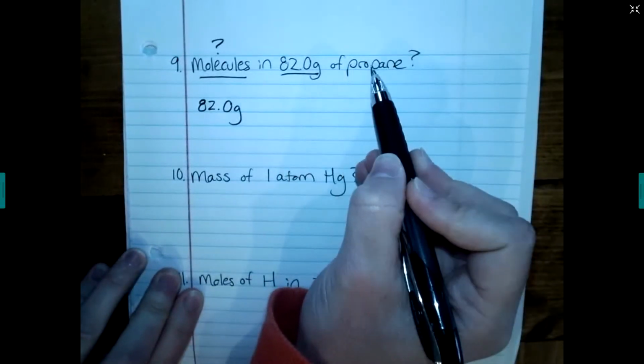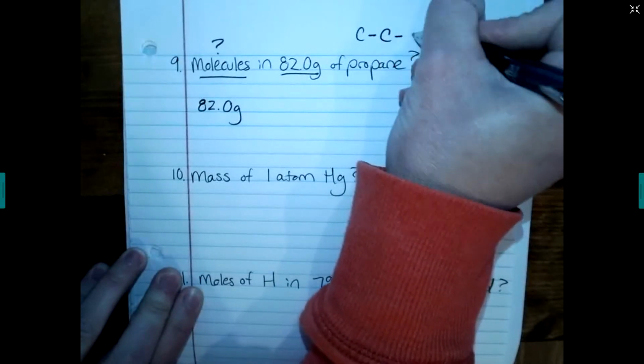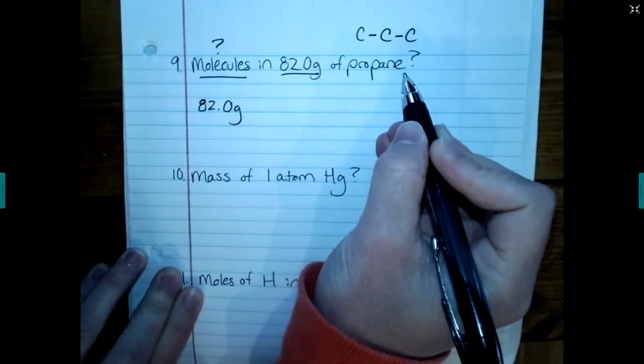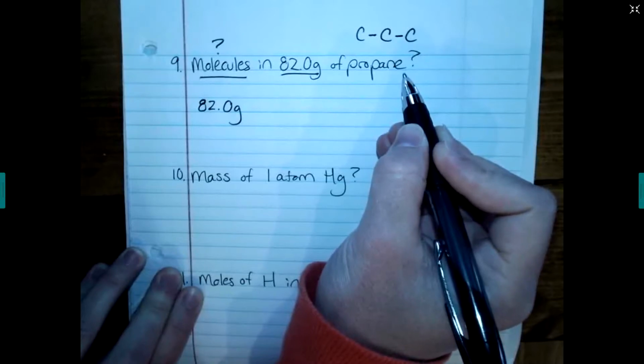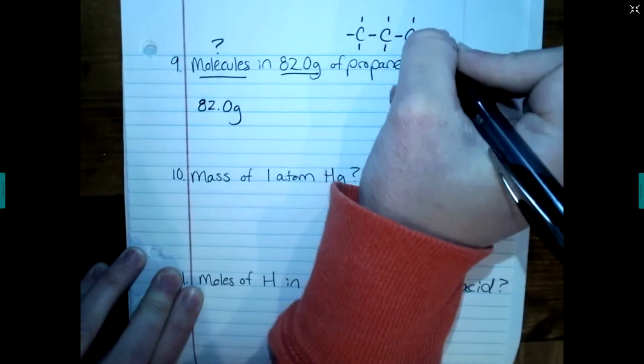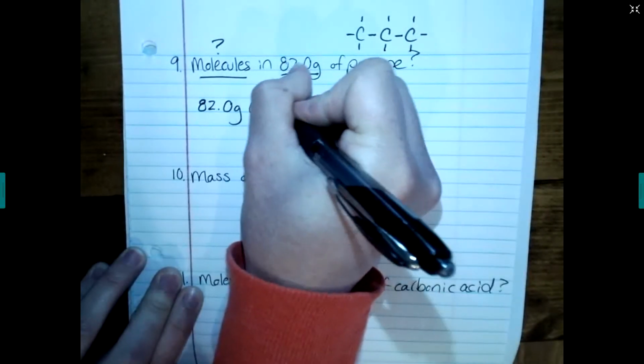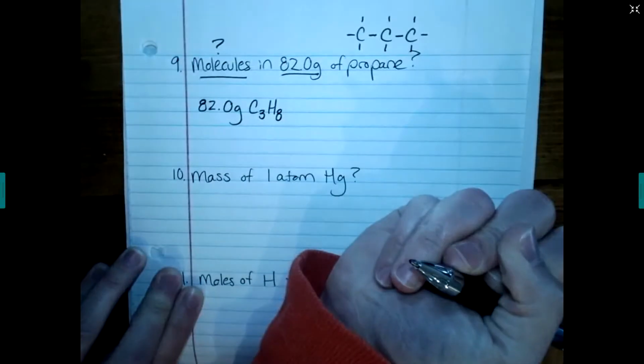Remember that prop, that prefix means 3 carbons, and the ending ane means it's an alkane, so all single bonds between those carbons. So we're filling these in with hydrogens, so the formula is C3H8.